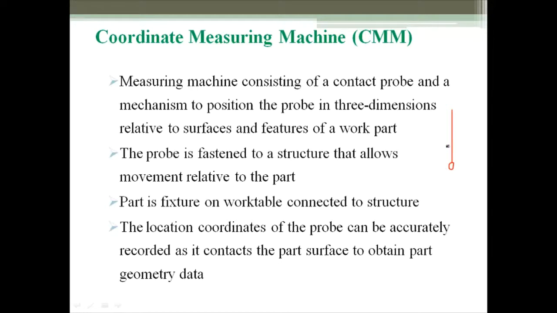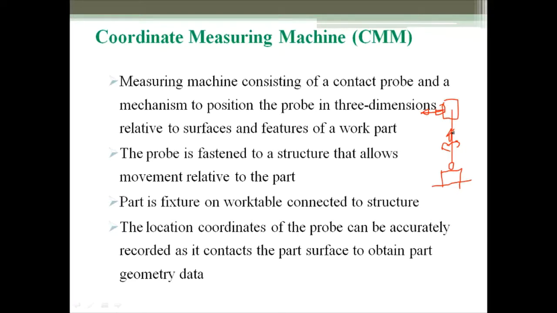So in x, y, z direction it can move, and it is fastened to a structure which allows movement relative to the part which is to be inspected. So such a CMM machine is here.